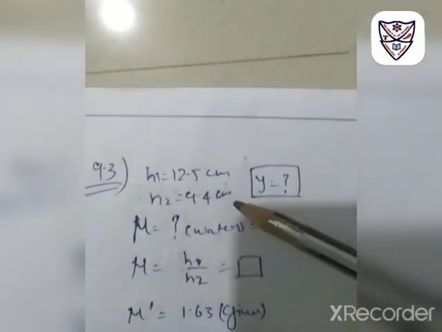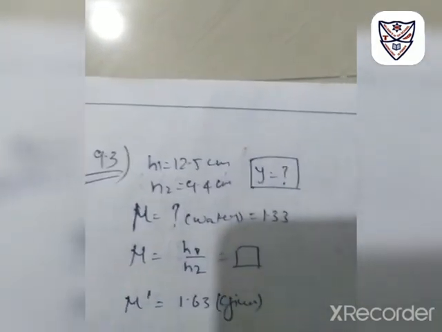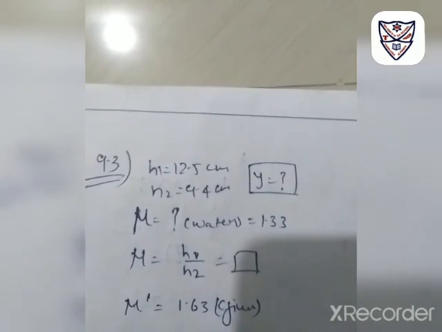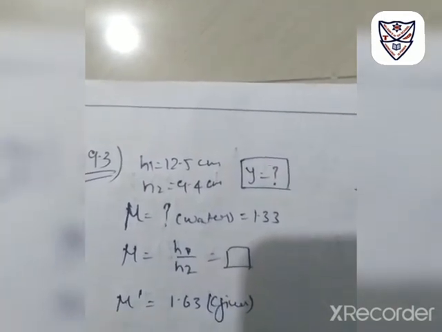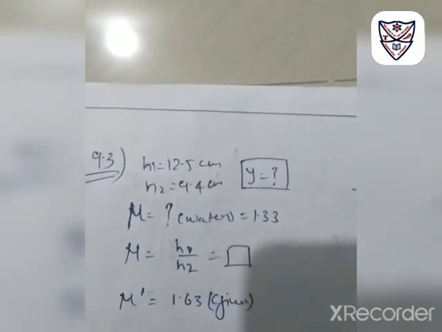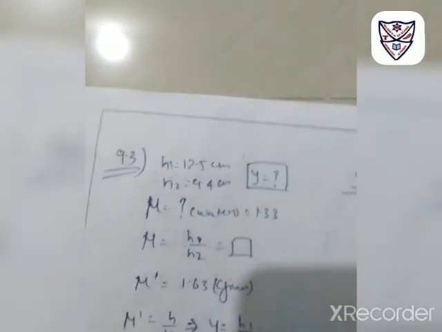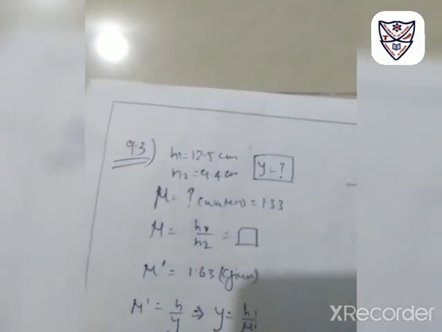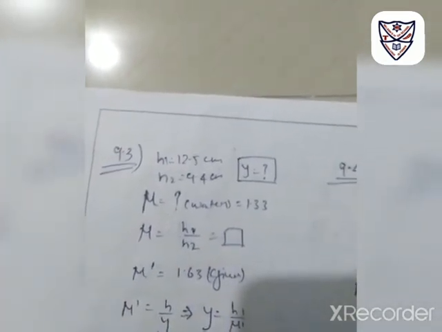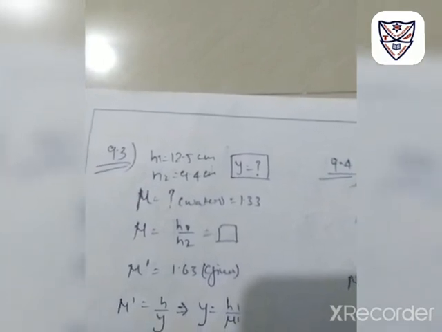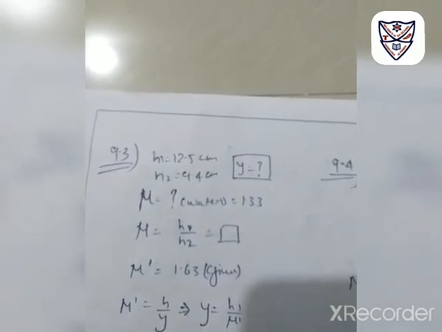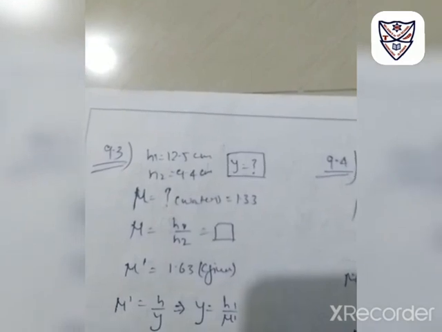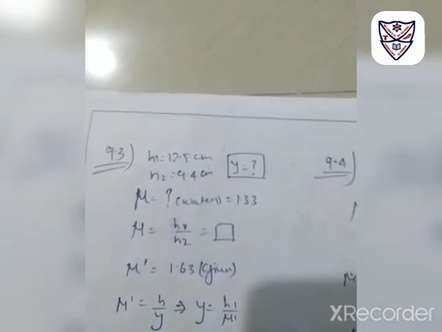Next one, again you read the question 9.3 where they have given the 2 heights, h1 and h2. You can say that is the object and image height. You have to find the distance between them, and mu also you have to find. For water it is a known value, 1.33.